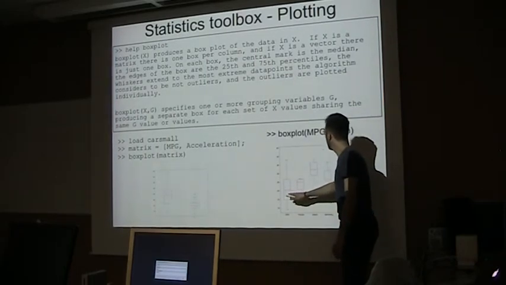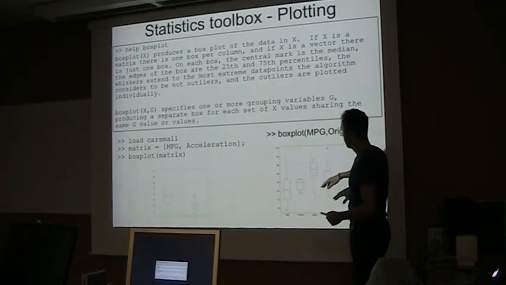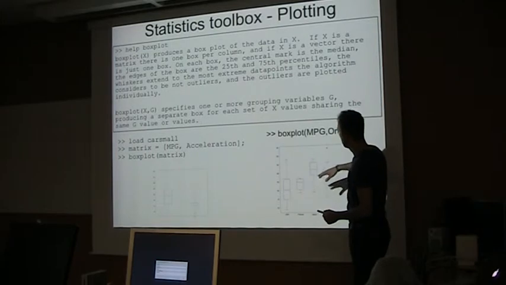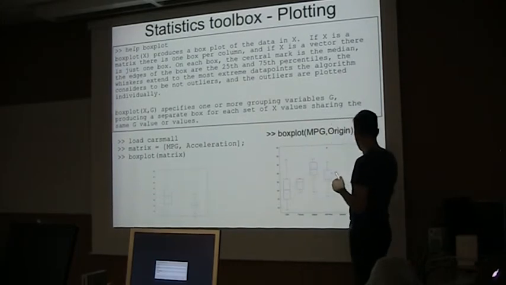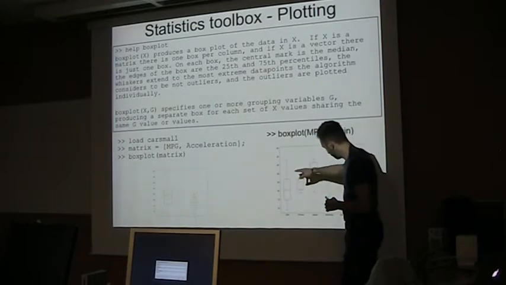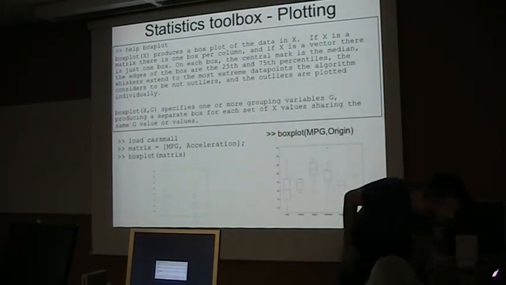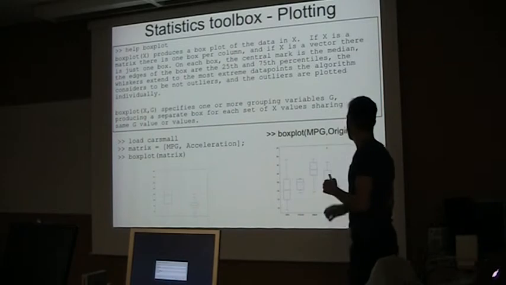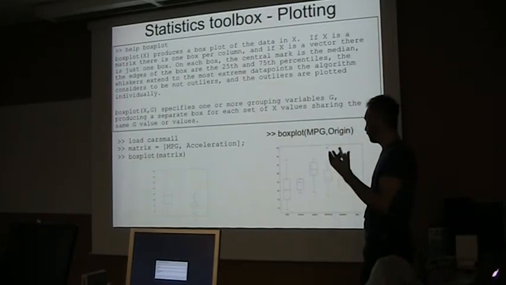And here I have basically the median and these percentiles of the miles per gallon variable across 5 or 6 origins of cars. So these are American cars, and then there's France and Japan, etc. So this is really a handy idea to get a first visual impression of how my data is actually looking.